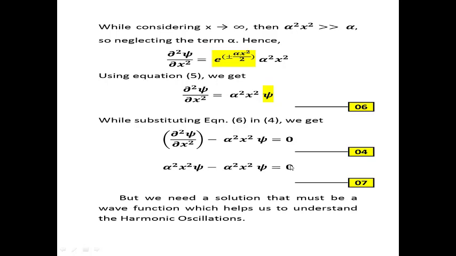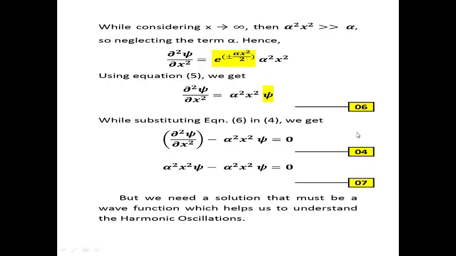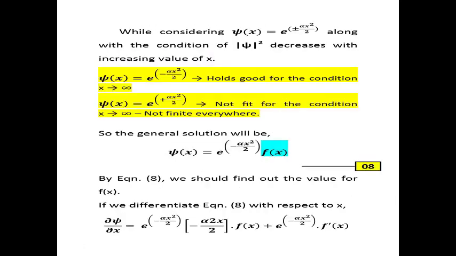So there is no meaning in the equation of motion of linear harmonic motion of a particle becoming 0. We need a solution that helps us understand the harmonic oscillation. With these conclusions, the wave function we achieved as a solution is not at all enough to represent linear harmonic oscillations.